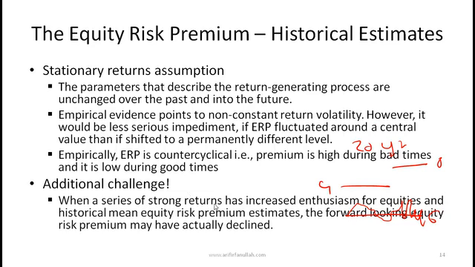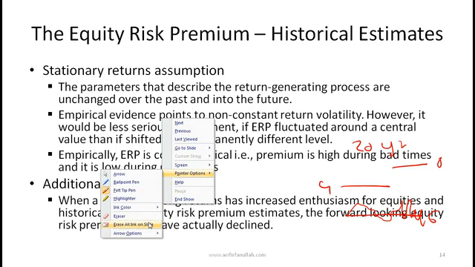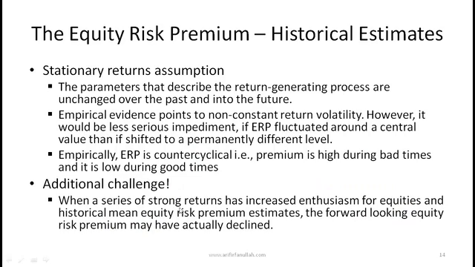And then there are other challenges: a series of strong returns can increase enthusiasm for equities and distort historical mean equity risk premium estimates. So what does this mean? Let's say you are in 1999.